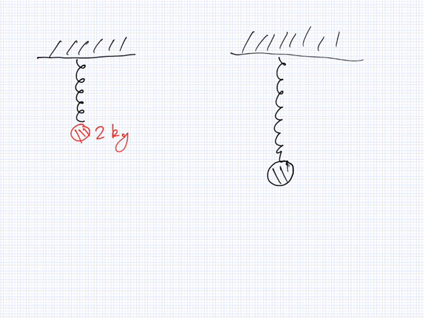Now, how many forces are on this mass? What are they? Gravity, yes, so as you said, Abraham, mg. And Hooke's law, which is K delta x. Is this moving at the end?